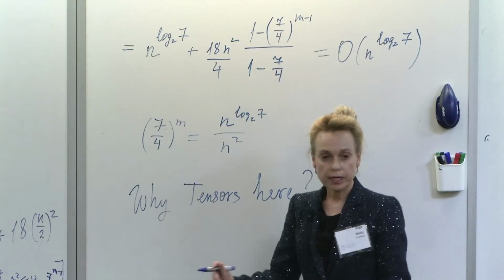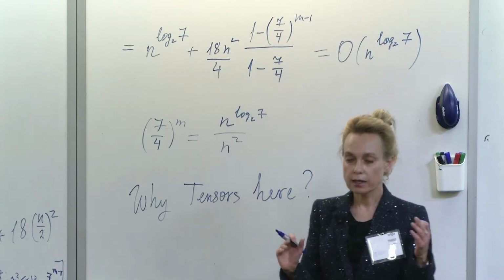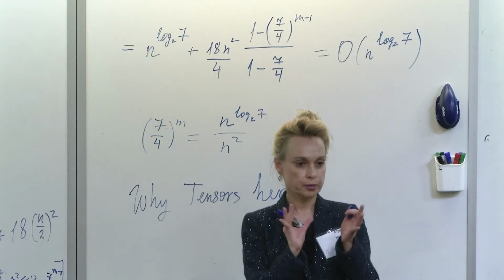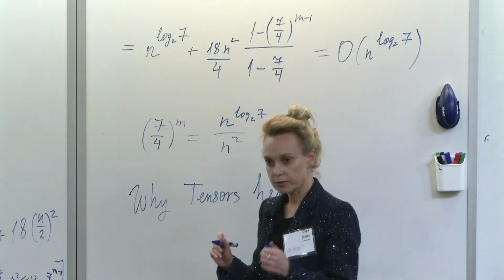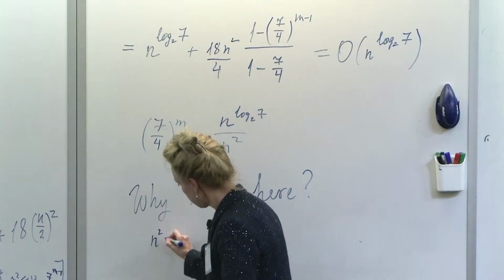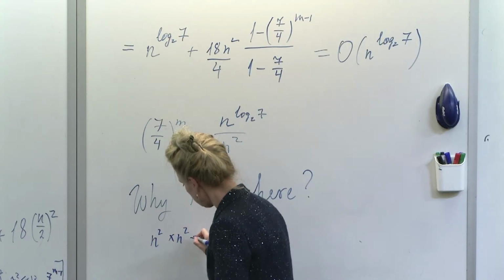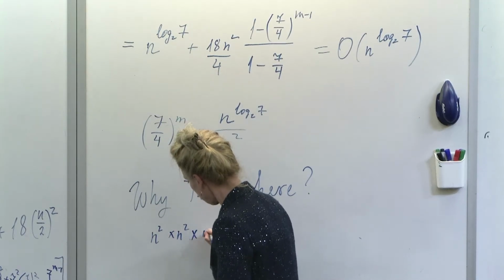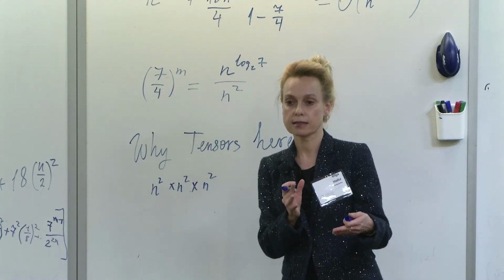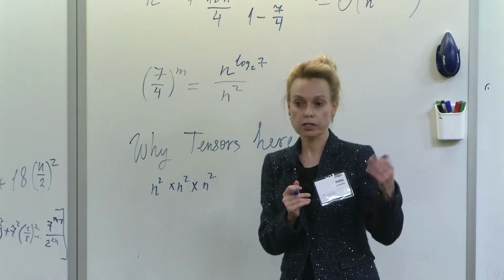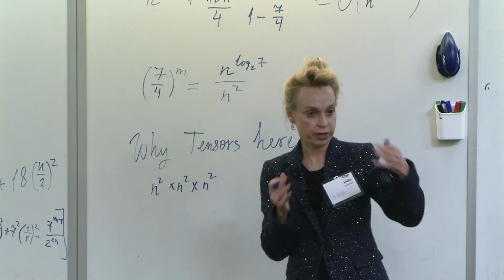Okay, so where are those tensors? First, I'll just introduce tensors as a purely bookkeeping device. As a purely bookkeeping device, we'll get an n squared by n squared by n squared tensor. So how? And then again, think about 2 by 2. So our base case is n equals 2. So just think about a 4 by 4 by 4, 3D tensor, right?